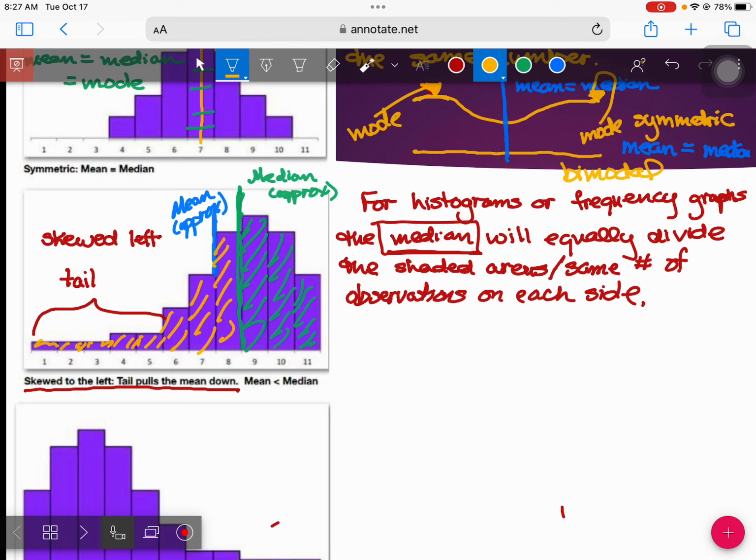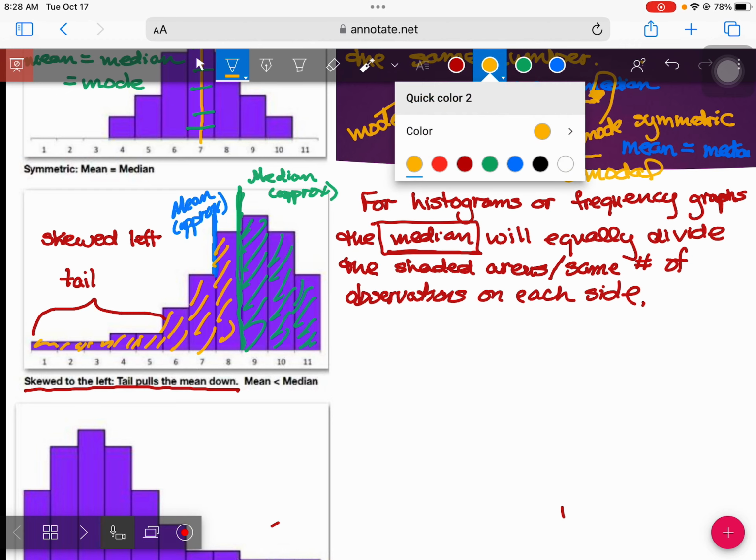And again, the mean will always follow the tail. Okay? All right, so mode. Can you tell a mode here in this problem? The score that occurs the most, can you tell?